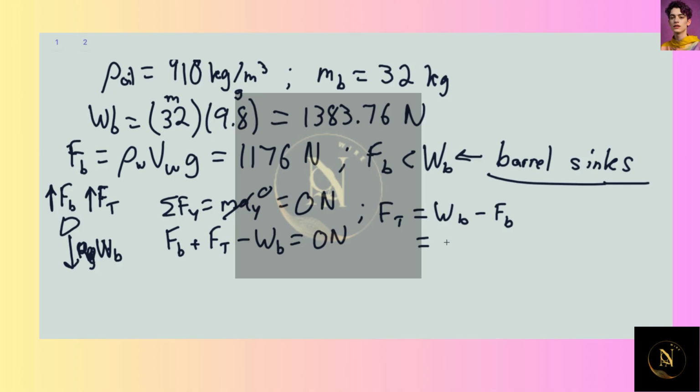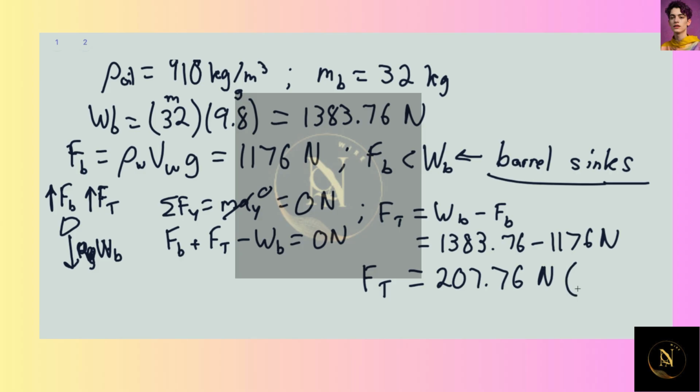This is going to equal 1,383.76 minus the buoyancy force of 1,176 newtons. And we find that the minimum force tension is going to be 207.76 newtons. And again, this is a minimum. So this is the answer for part D.